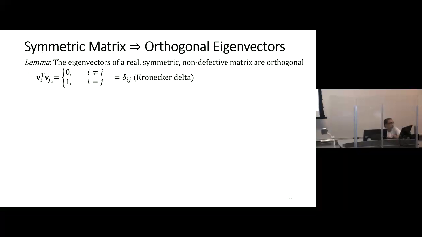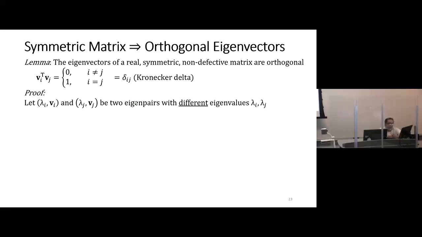So Vi transpose Vj is 0, that is, they're orthogonal when i is not equal to j, and it's 1 when i equals j, because then this is the square of the length of Vi, and Vi is a unit vector. The shorthand notation for this is delta ij, the Kronecker delta. This is the definition of the Kronecker delta function.